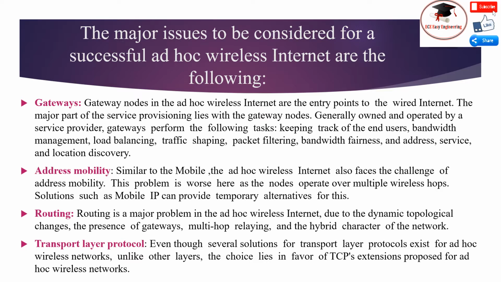Routing is a major problem in the ad hoc wireless network due to the dynamic topological changes, the presence of gateways, multi-hop relaying, and the hybrid character of the network. Transport layer protocol. Even though several solutions for the transport layer protocol exist for ad hoc wireless networks, unlike other layers, the choice lies in favor of TCP's extensions proposed for ad hoc wireless networks.